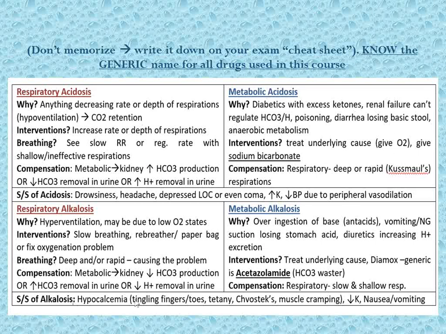It's essentially identifying each of the abnormal acid-base states and what you can expect to see, signs and symptoms, and compensation and treatment. And in this middle bar right here, I've identified the signs and symptoms of acidosis, because there are some common signs and symptoms, whether it's a respiratory or metabolic acidosis, that you do see, and the same with alkalosis.